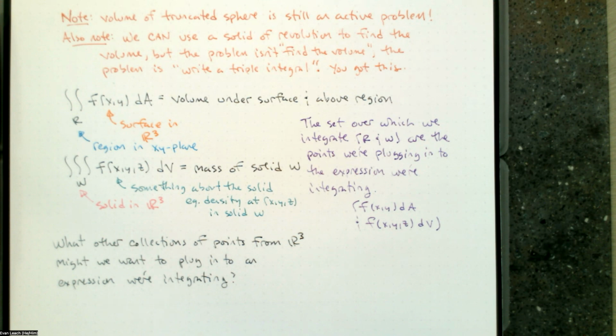Go back to Calc 2. Set your Wayback Machine to Calc 2 when you're talking about solids of revolution, and find the volume of that truncated sphere as a solid of revolution. You can use washers, or you can use cylindrical shells. But finding the volume of the truncated sphere is not the problem. That's just a vehicle for the actual problem, which is to write a triple integral.